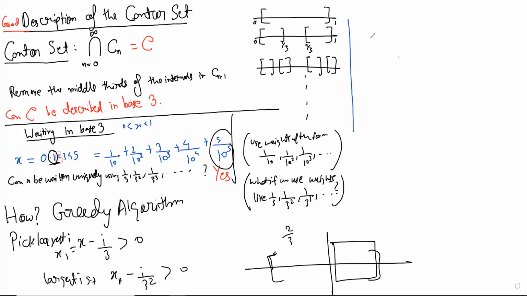Sometimes it will not, but there will be at most 2 representations. Prove that this process gives a unique, with some exceptions, representation.